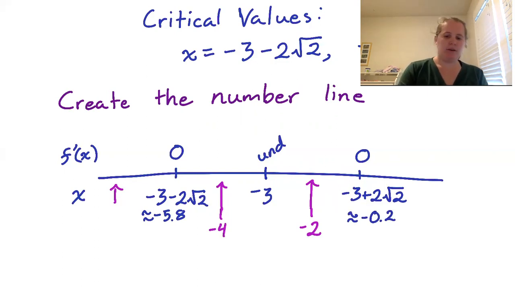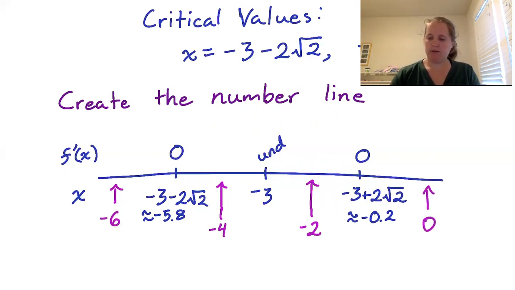So I would go out to say -6 on the left and 0 on the right. So we now have 4 test points, not 3 like the example before.